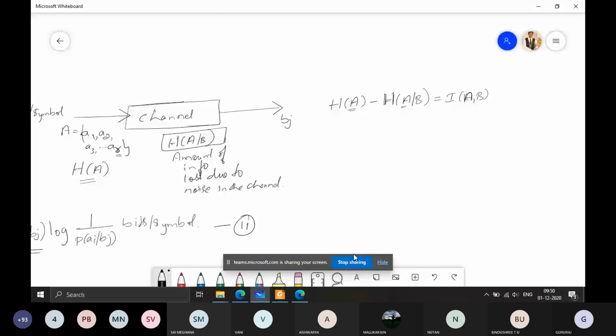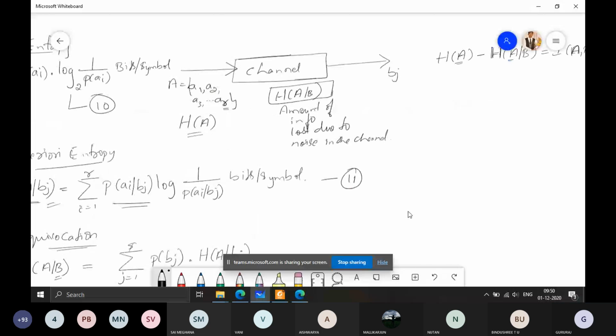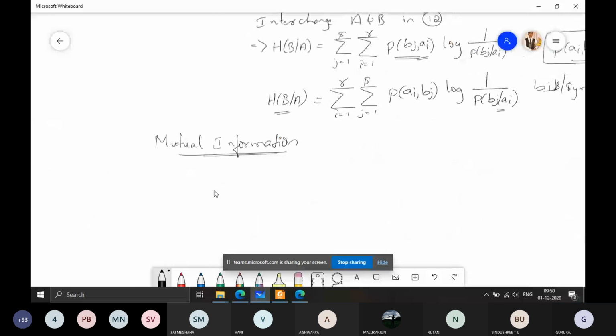Any doubts here? The amount of information received is known as mutual information. So the formula for this is I of A comma B is equal to, can you tell me?